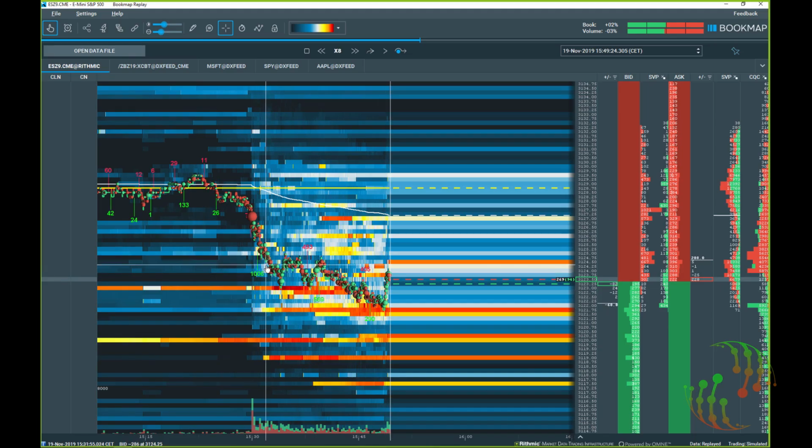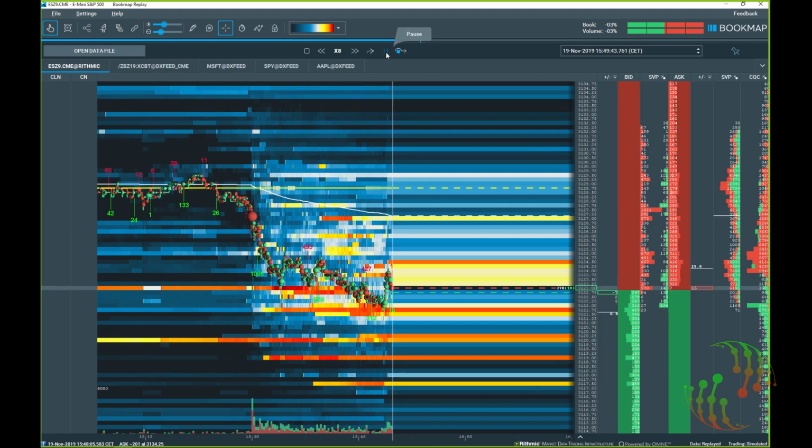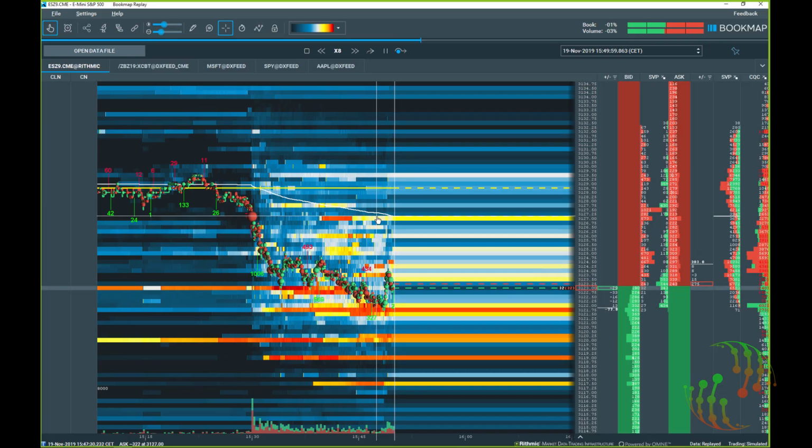If you are in the move, if you are in the trade, you are trailing your stop, maybe you're moving your stop down, then you will get hit by this single move, and then it acts like a slingshot.